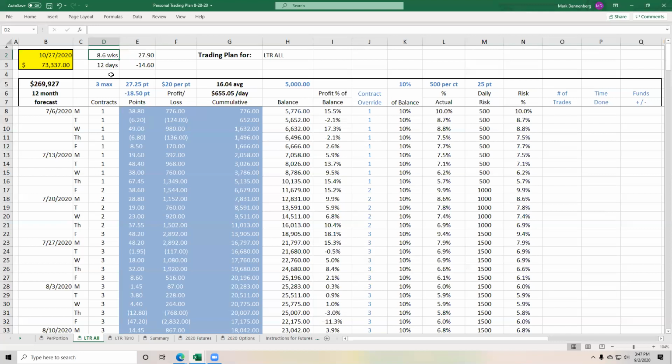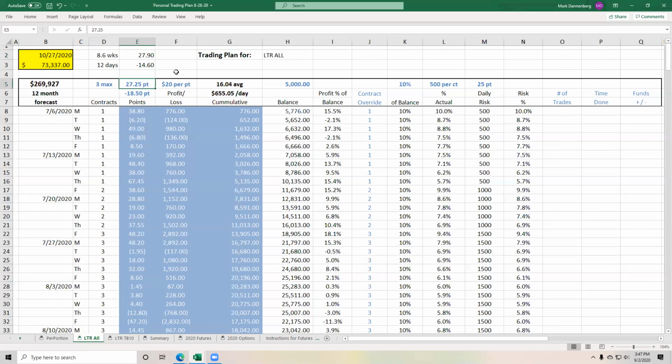Since we plan an average of 1 losing day a week, we really shouldn't have more than 8 losing days, but we have 12 losing days. So this 27.9 is the average of all winning days, but we have slightly fewer winning days overall than we had originally planned. So I'm going to leave this alone.